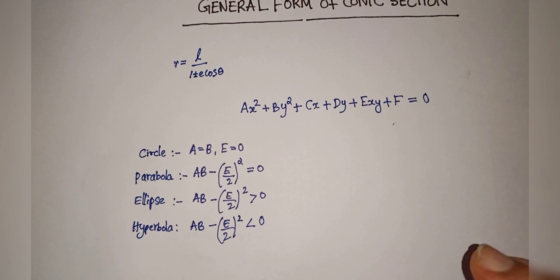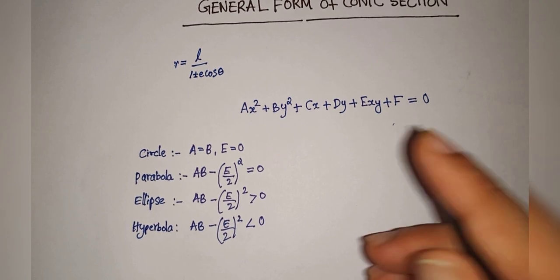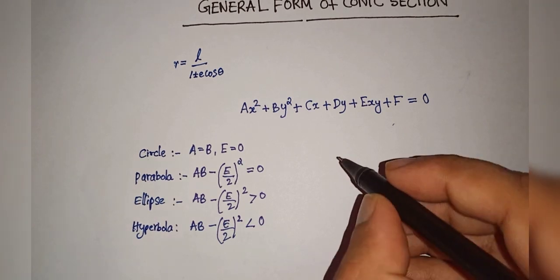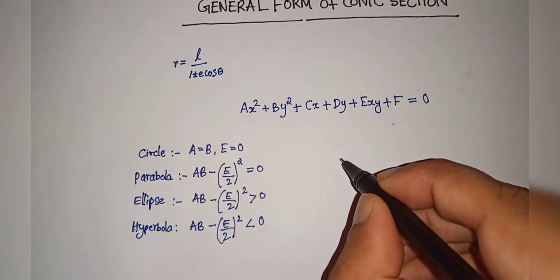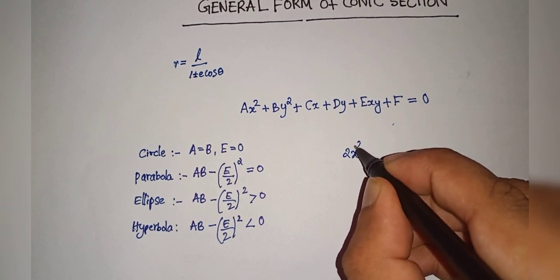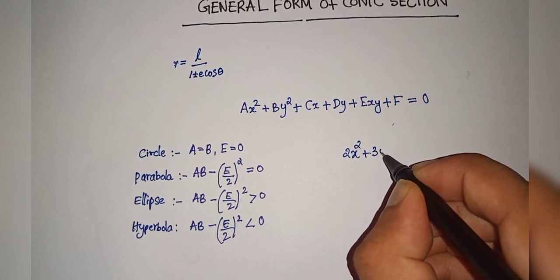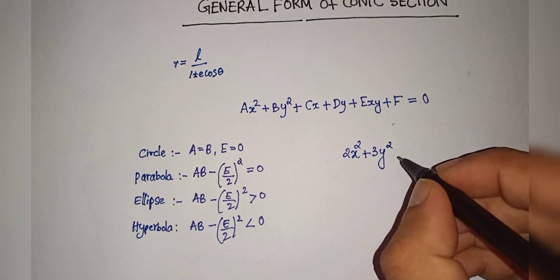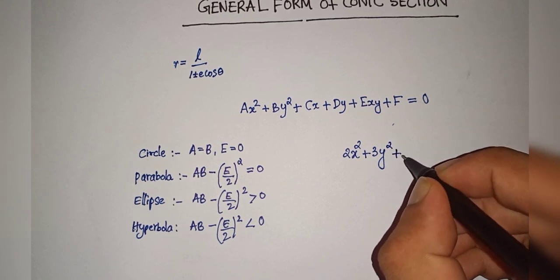To understand this more clearly, let's say an astronomer found a second-degree equation in Cartesian form like this, but he is not able to predict what type of profile it exhibits.